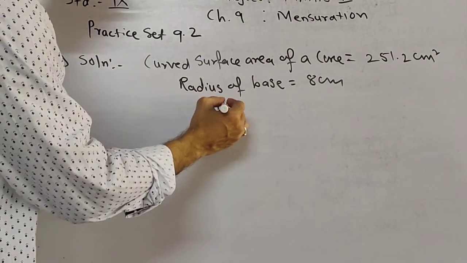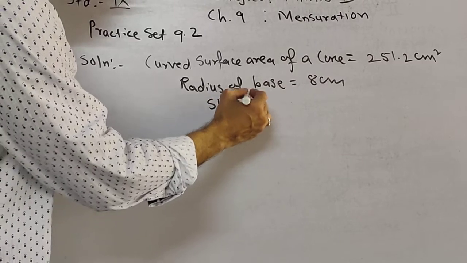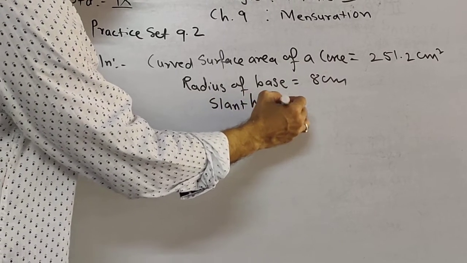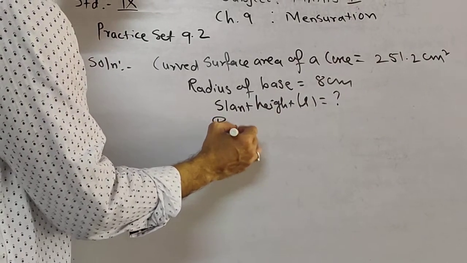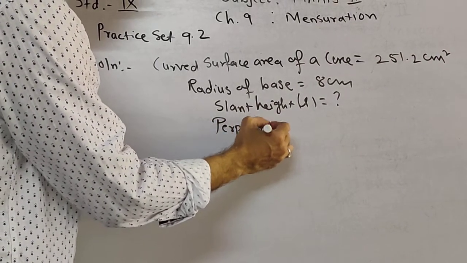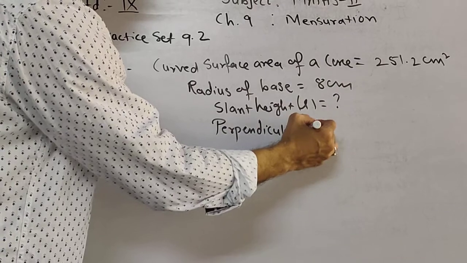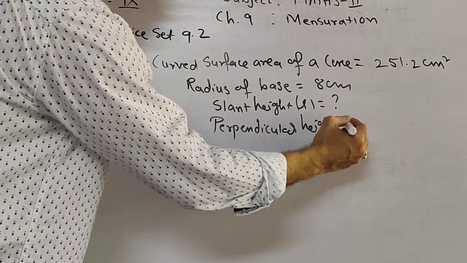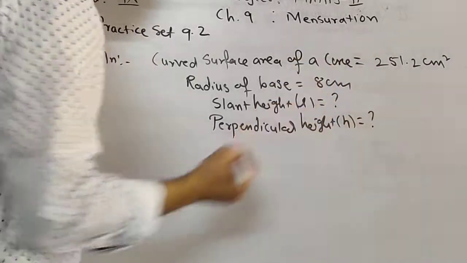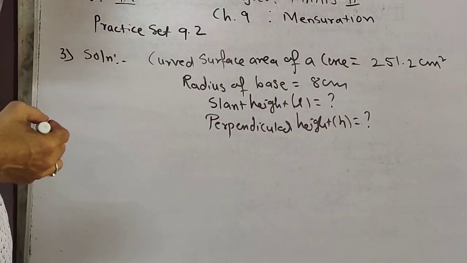You want slant height, that is L, and you want perpendicular height, that is H. Okay, and pi value is given, 3.14.